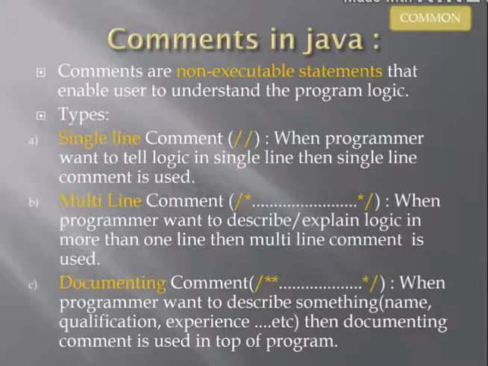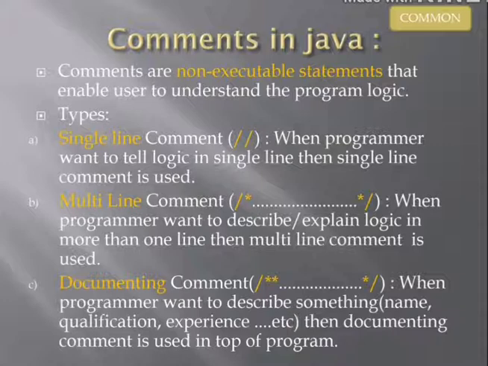And then see the few comments we have in Java. Comments are basically non-executable statements, meaning the compiler never runs comments. Then a question arises, why are we using them? If the compiler never runs them, comments have no special use for the computer, then why do we use them?